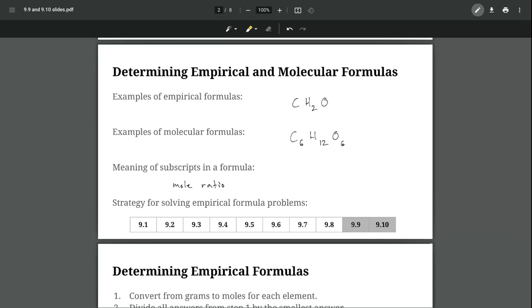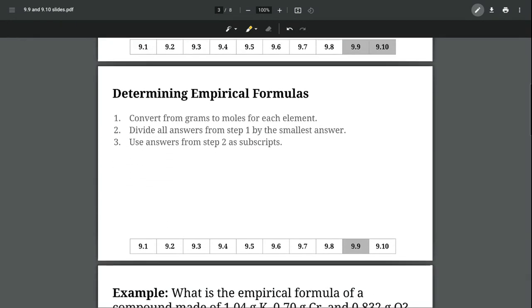And so the best strategy for solving empirical formula problems is to find the moles and then to find their ratio. You're going to start by converting from grams to moles for each element, which we've done before. Then divide all the answers from step 1 by the smallest answer, and then use the answers from step 2 as subscripts. That's kind of wordy, so let's just get to it.